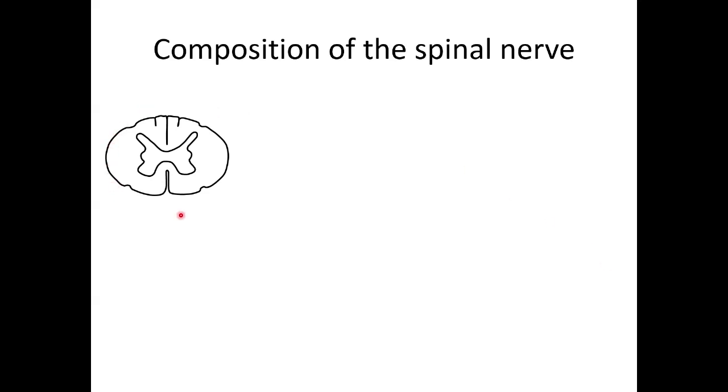I hope you can recognize the anterior horn. So here it is, the anterior surface of spinal cord. Posterior horn, which is thinner, and anterior thicker.